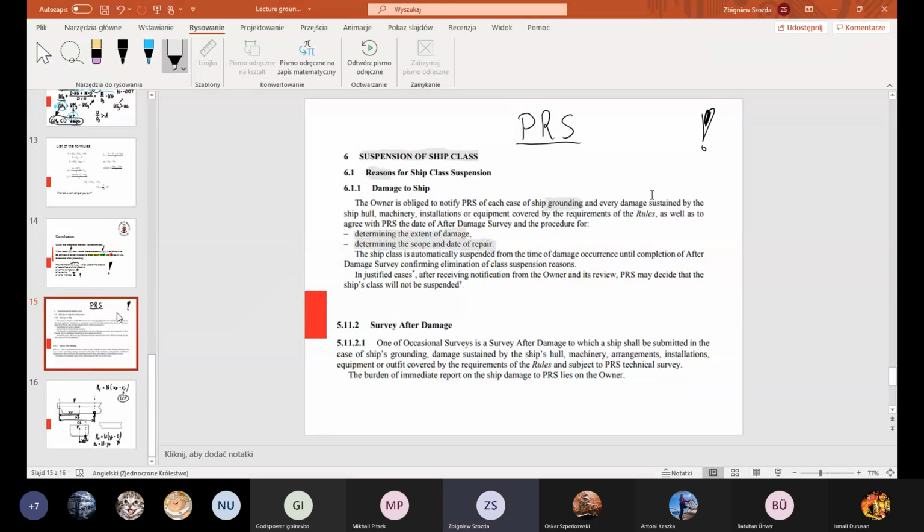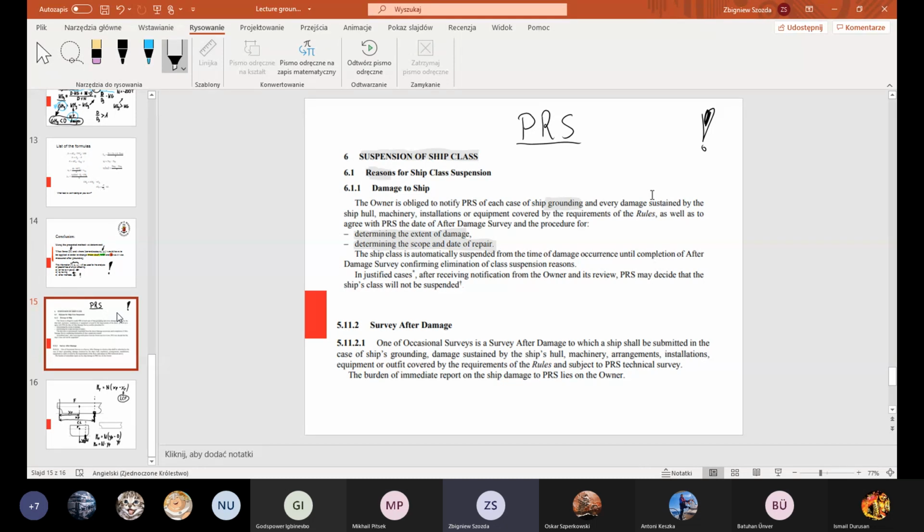So after grounding, probably a surveyor shall come and survey, determine what has happened, what damage is due to the hull. Maybe there is a need to dock, to dry dock sometimes, yeah. It is necessary to dry dock the ship.